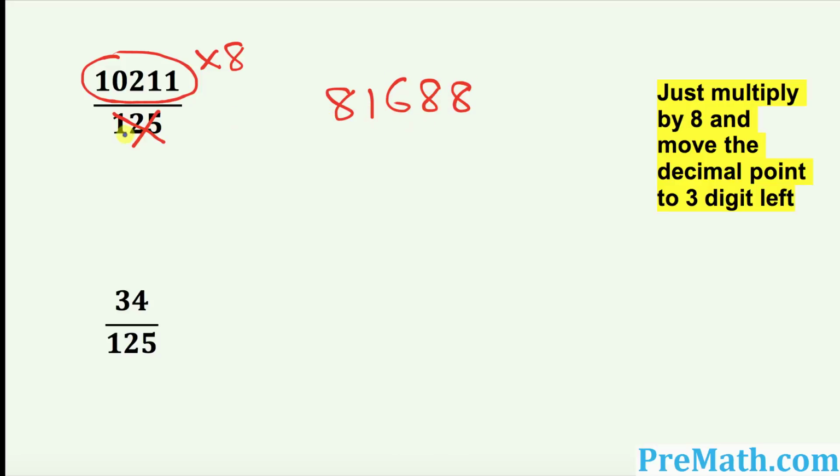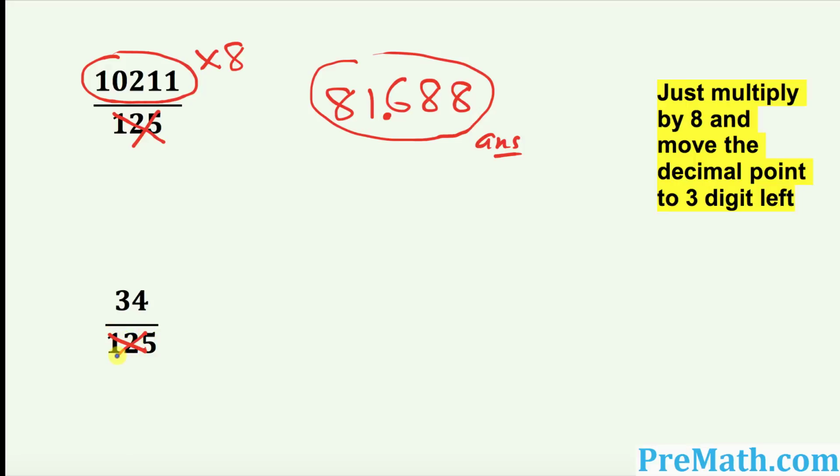And now since you have a 125 at the bottom, we're gonna move the decimal point 3 digits to the left, right after 3 digits from the right. So it's gonna be 81.688 is your answer.